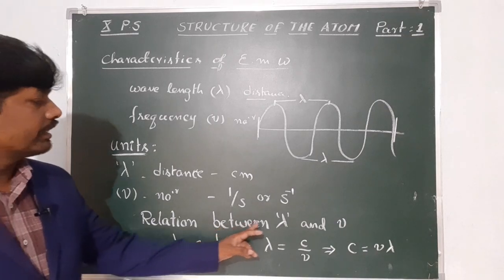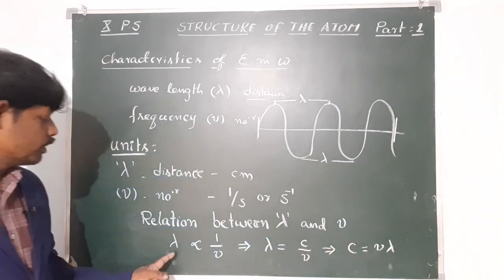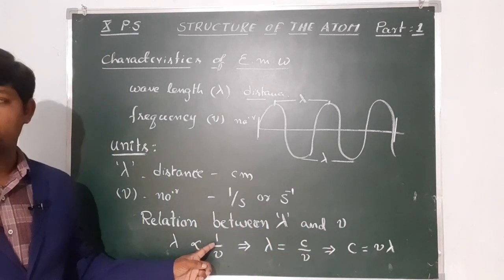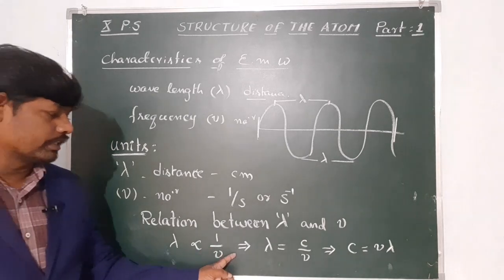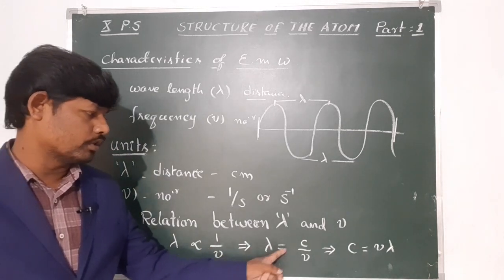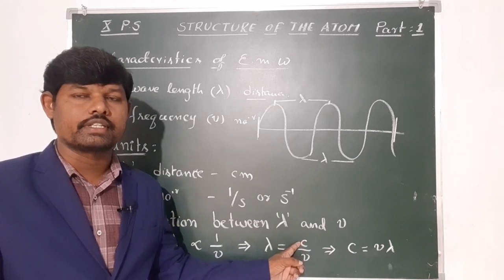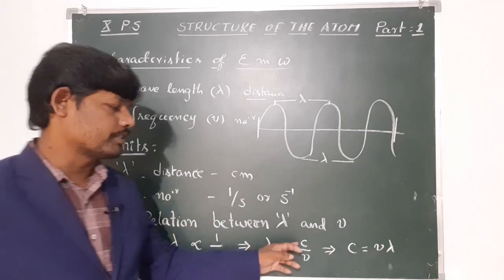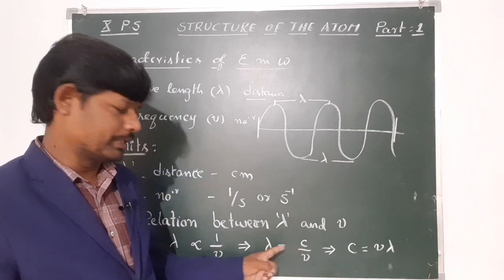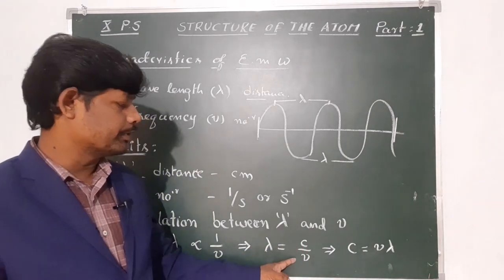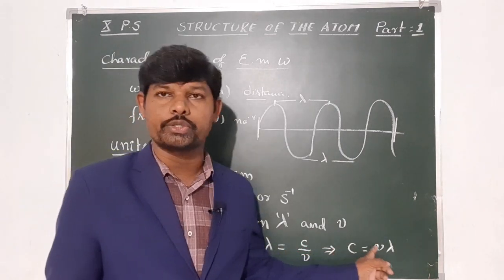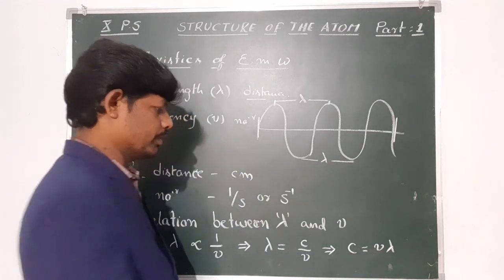Relation between lambda and nu: lambda is inversely proportional to nu, that implies lambda is equal to c by nu. Here c is the constant, the speed of light in vacuum. So lambda is equal to c by nu, that implies c is equal to nu lambda.